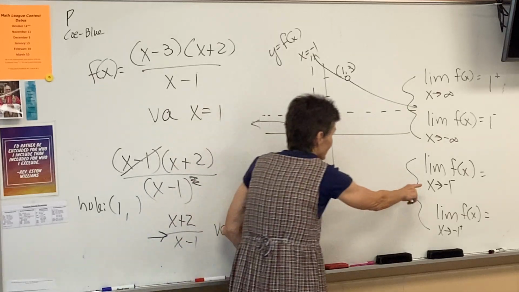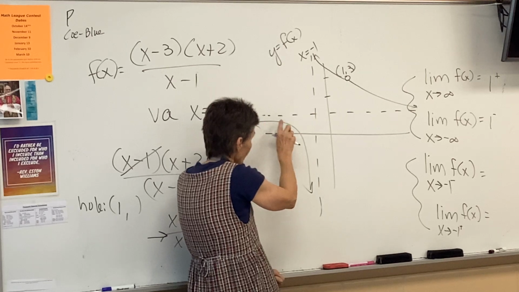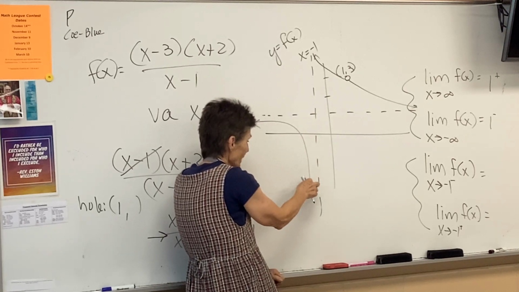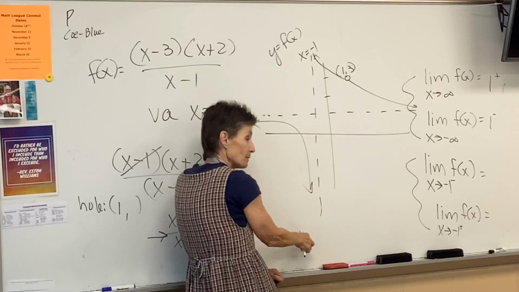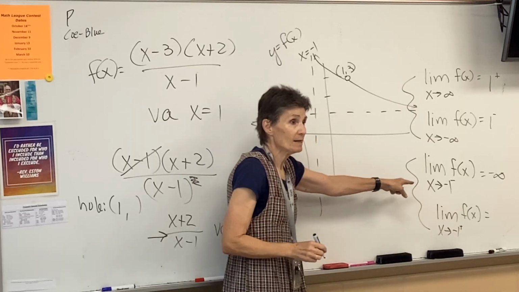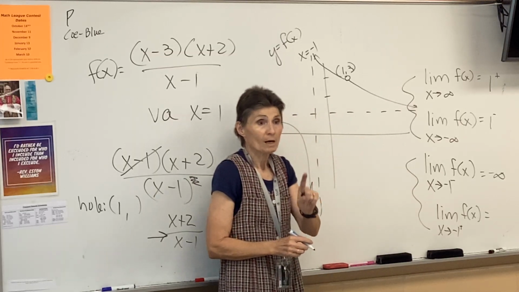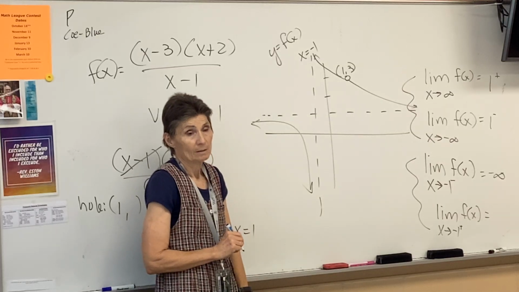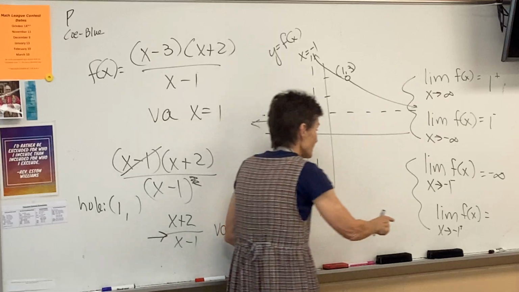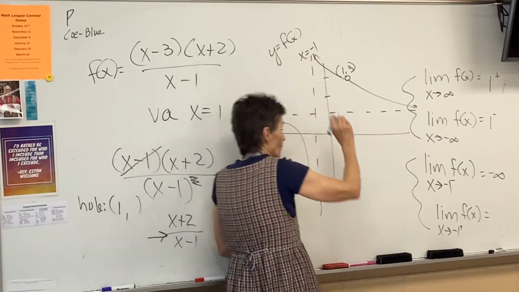So what happens as I approach -1, as I come in towards -1 from the left side? What's happening to my curve? Negative infinity. That tells me that on the left side of my picture, I'm going down at the asymptote, the left side of the asymptote. I'm going down. What happens on the other side? Going up.